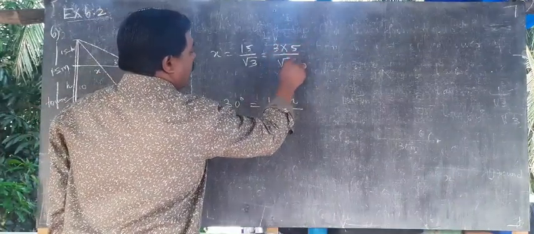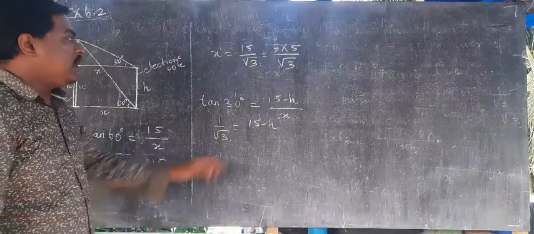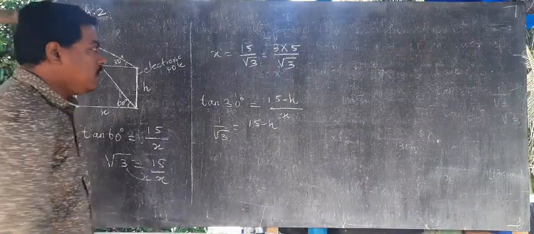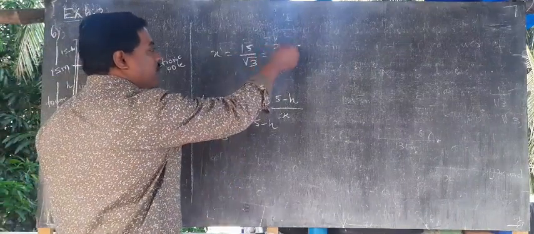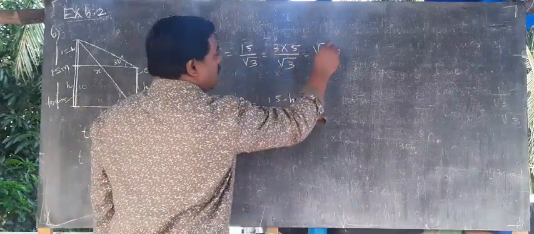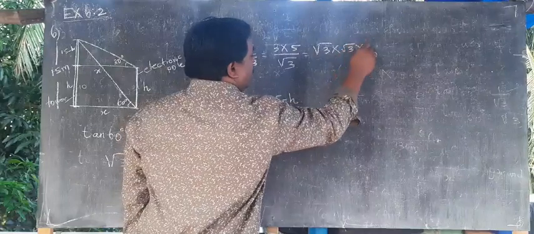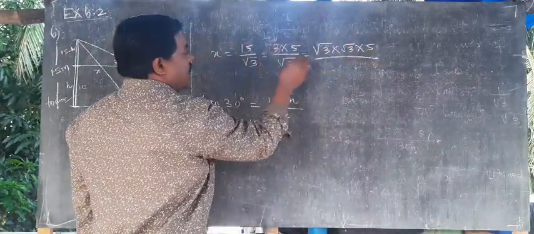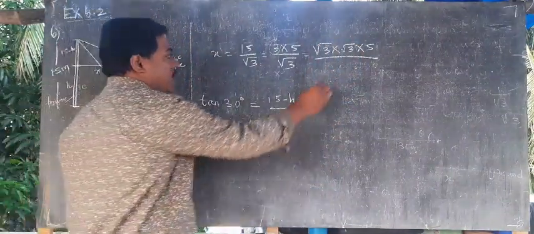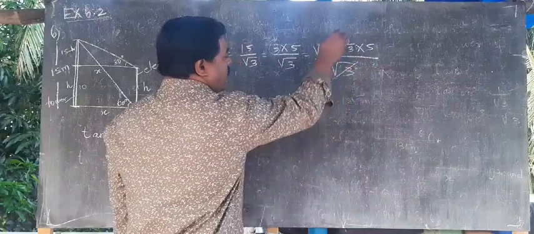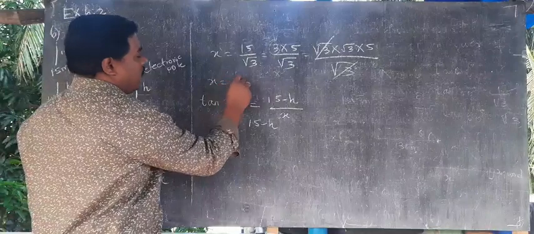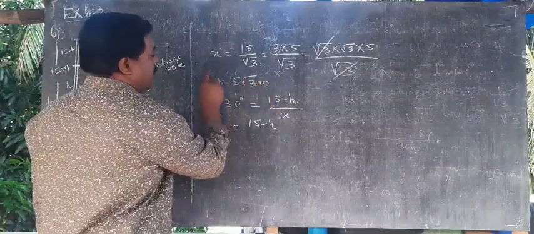Why am I writing like this? In the denominator we have root 3, and we need to cancel this root 3. So I separate this 15 into 3 into 5, and this 3 I write as root 3 into root 3. In the denominator we have root 3, so root 3 cancelled. The final answer we are getting is 5 root 3. So x equals 5 root 3 meter.